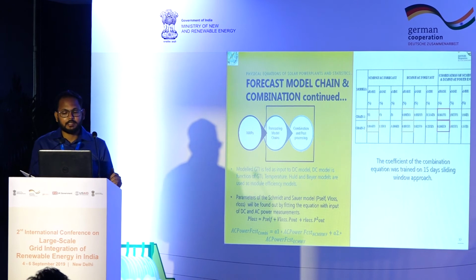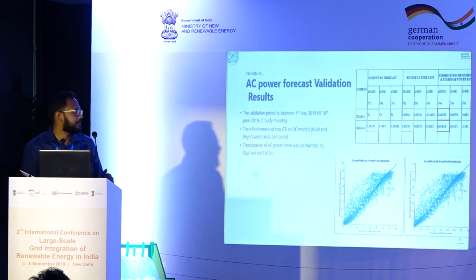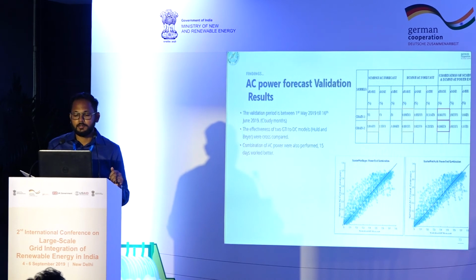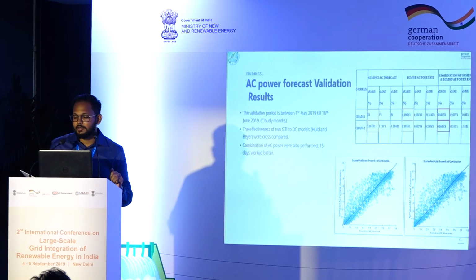If you see the results, we are using two chains. I have shown here two model chains. We found the RMSE values for NCMRWF and ECMWF both, and finally you can see after combining, the RMSE improved by more than 14% from what the RMSE percentage was before.